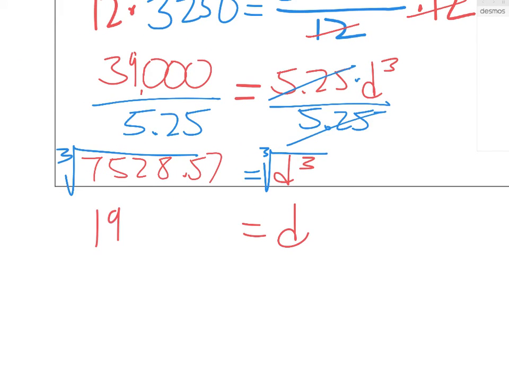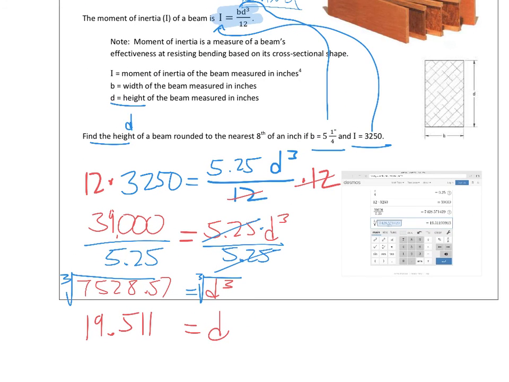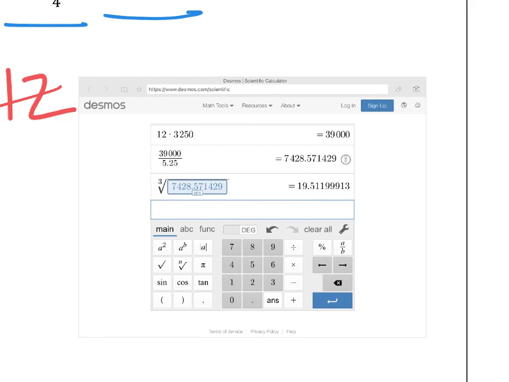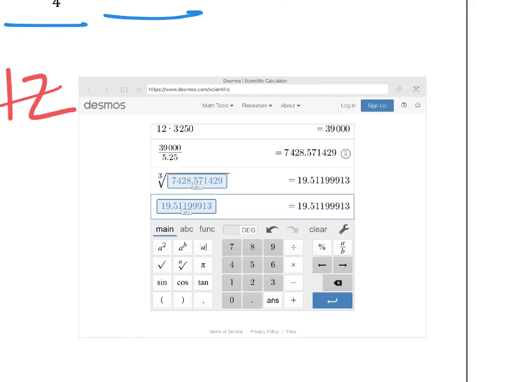Now, the directions, we're almost done. The directions said we want to round this to the nearest eighth of an inch. Remember, we've done a lot of to the 16th of an inch. So what we're going to do now is take the answer and subtract 19.